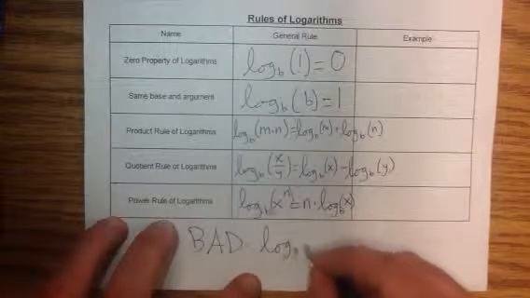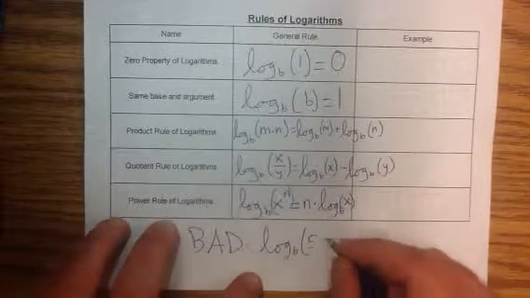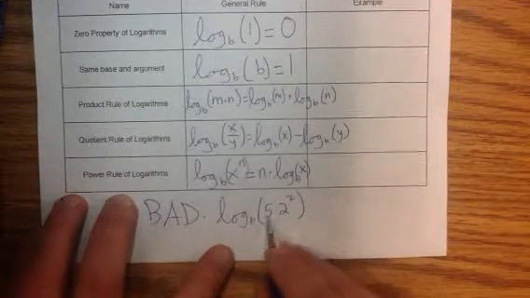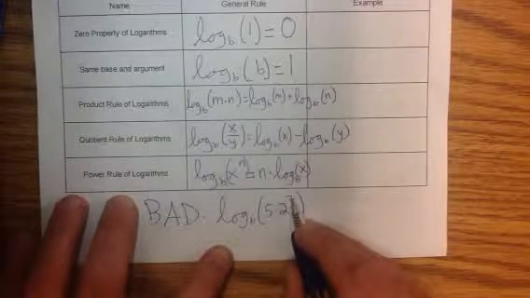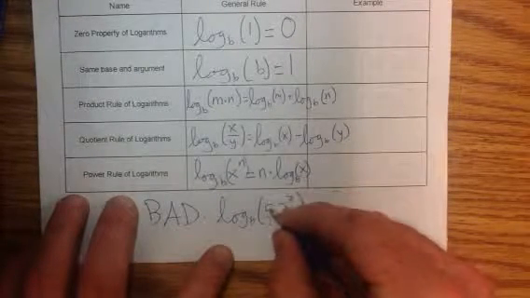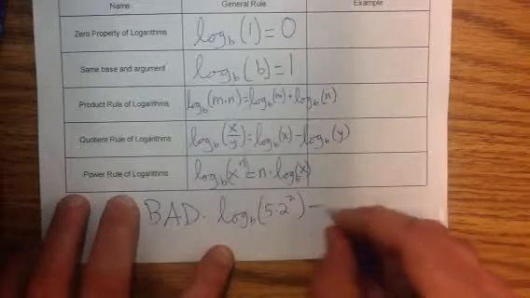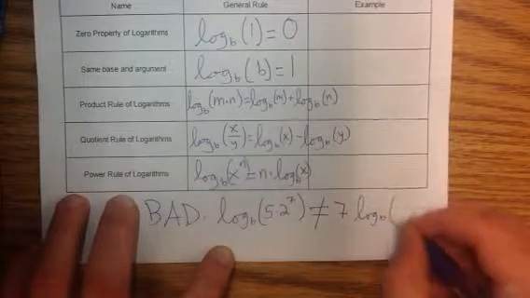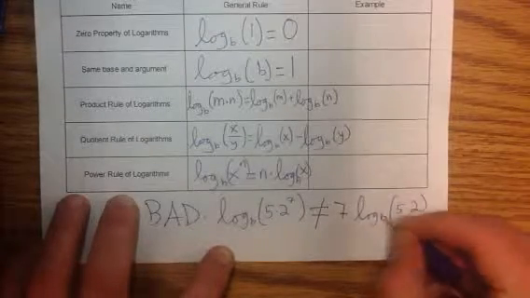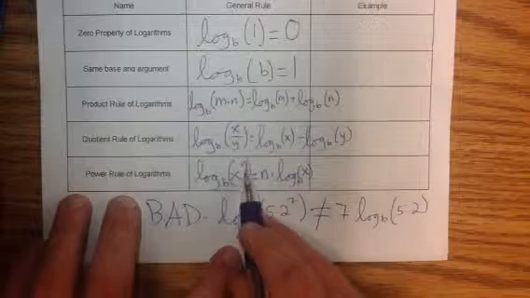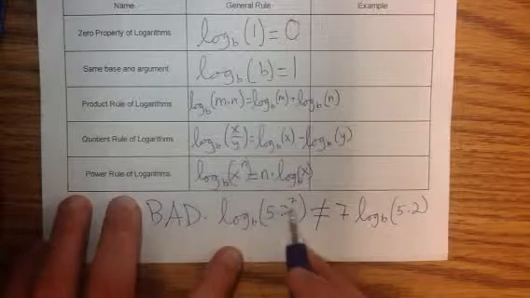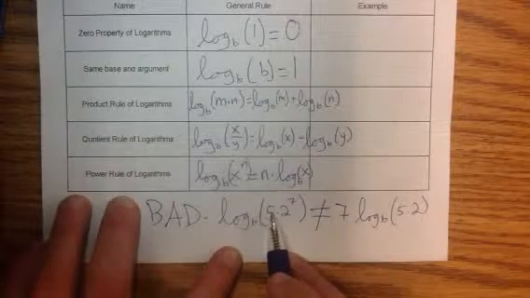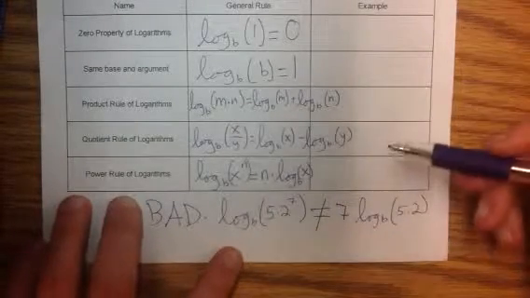If you have log base b of 5 times 2 to the 7th, you have to use the product rule here because it's 5 times 2 to the 7th. You cannot use the power rule because the 7 does not apply to the 5. So this does not equal 7 times log base b of 5 times 2. That is bad math, because here the n applies to the entire argument, but here the n does not apply to the entire argument. So pause your video and make sure you've gotten all this down.